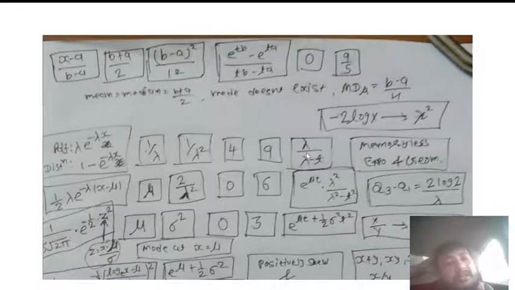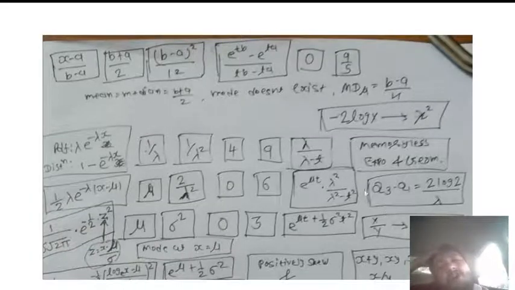So it is kind of similar to the exponential distribution: in place of lambda minus t, we have lambda square minus t square, and this term is multiplied by e raised to mu t.